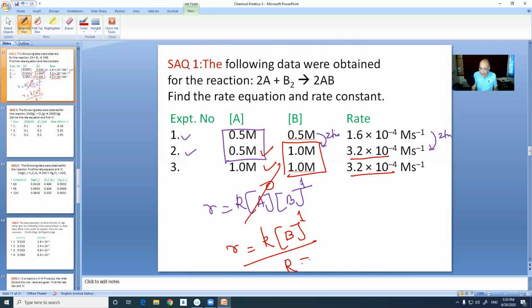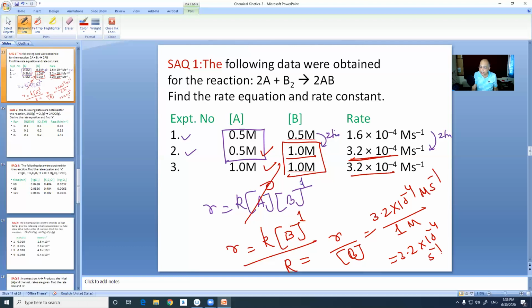Rate constant K is equal to rate by B concentration. So A is out, and you take any data. Supposing we take the second data here, 3.2 into 10 to the minus 4 divided by the corresponding B data, 1. That is 3.2 into 10 to the minus 4, but molarity will cancel. This is M and this is moles per second.